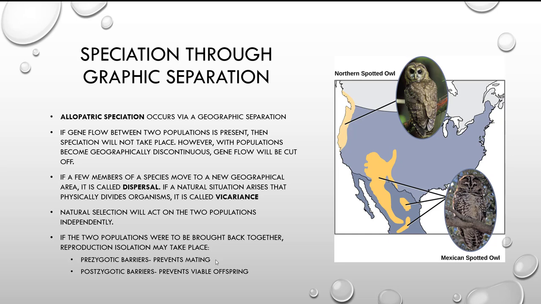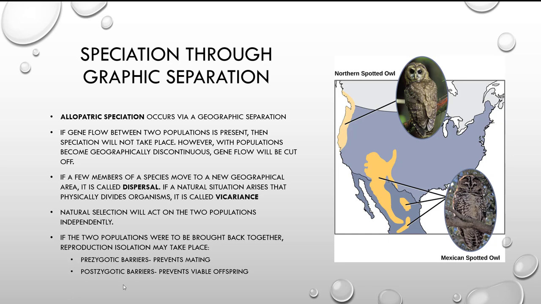Okay, so those could be, like the video talked about, differences in courtship displays if they're birds, so they don't really understand what they're saying to each other, the birds calling each other. The timing of seed dispersal for the plants, things like that. So there's no way that they'll end up being able to reproduce because the timing's off, okay?